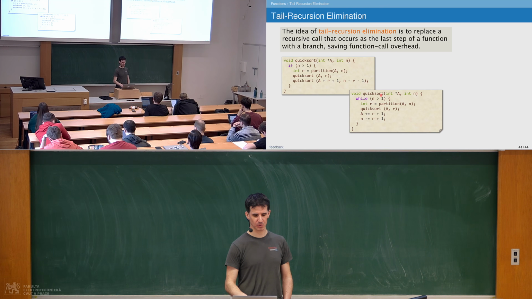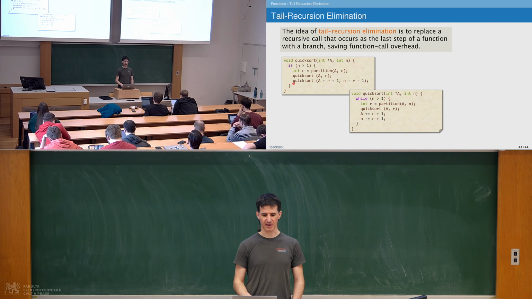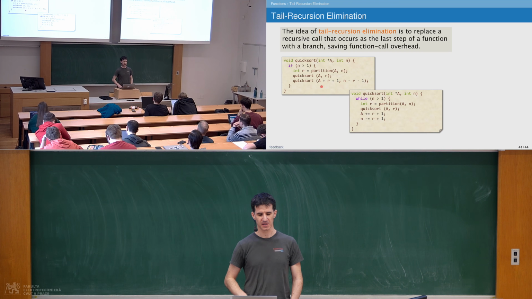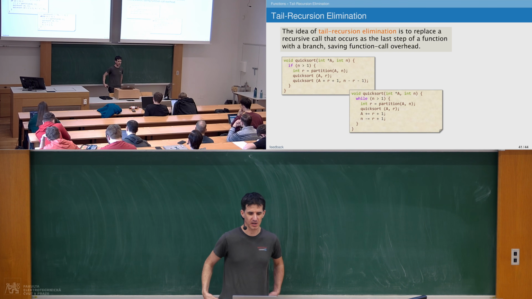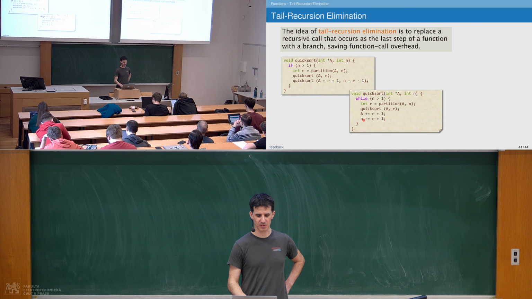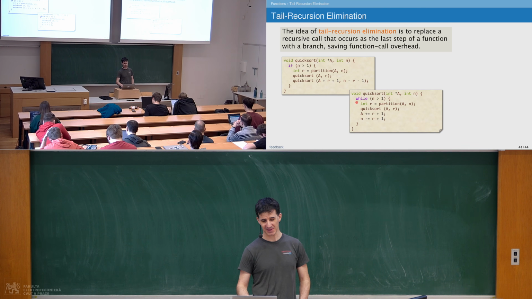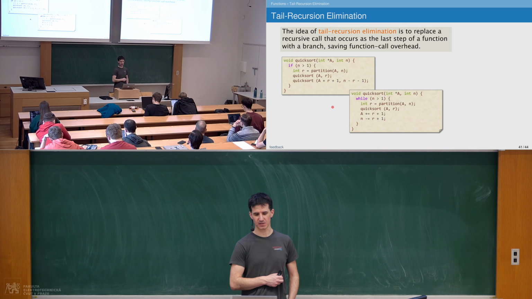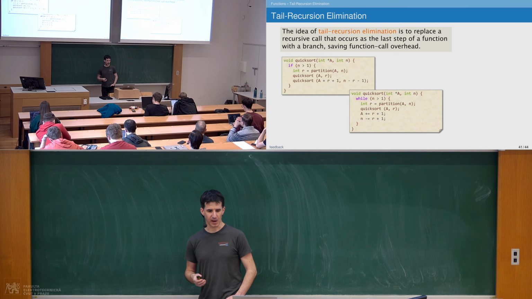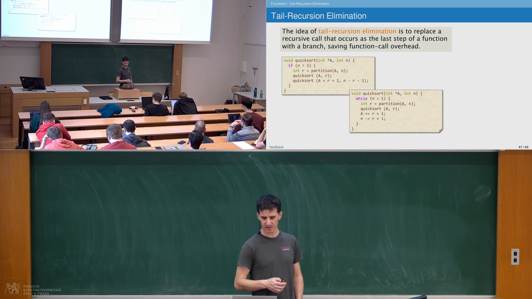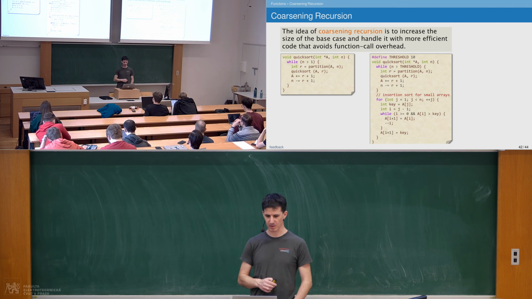So if you have so-called tail recursion, where the last thing the function does is call itself with other parameters, this tail recursion can be replaced with a while loop, so that you don't call itself allocating memory on the stack, but you just iterate in the loop. Again, compilers can do this automatically, so you don't have to think about that.